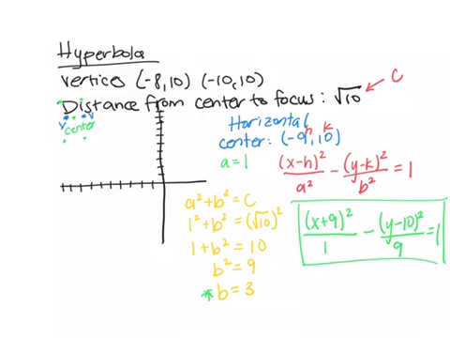Because that's going to create the asymptotes that go through the center of the graph. Remember, they intersect at the center. So there are your asymptotes, which means that when we would graph this, the U shapes that would make up this hyperbola would be pretty wide in this case, and that would be your graph.